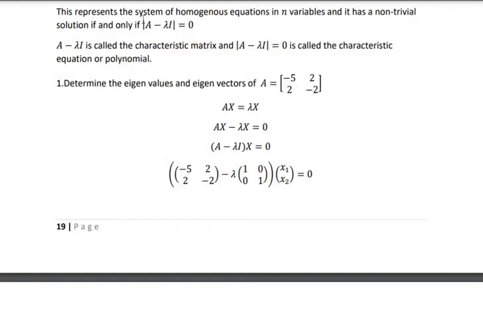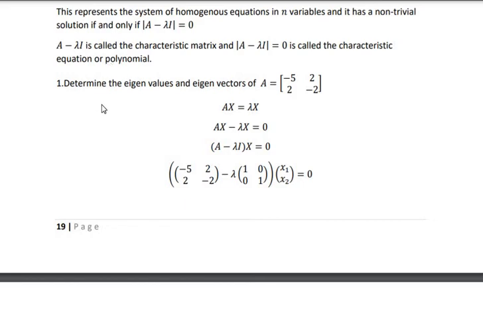This represents a system of homogeneous equations in n variables, and it has a non-trivial solution if and only if the determinant of A minus lambda I is equal to 0. This A minus lambda I is called the characteristic matrix, and the determinant of A minus lambda I equal to 0 is called the characteristic equation or polynomial.